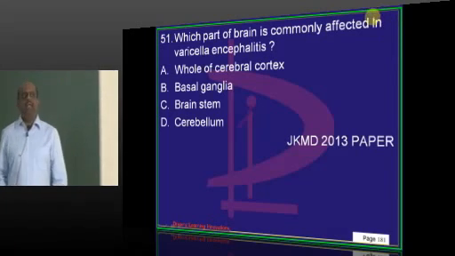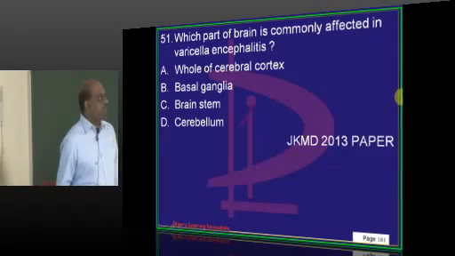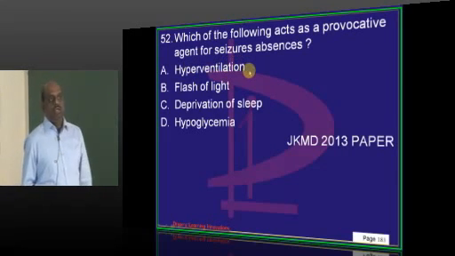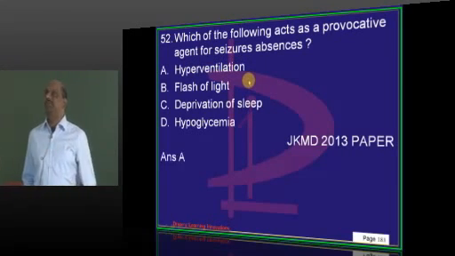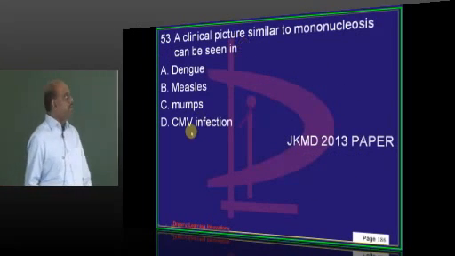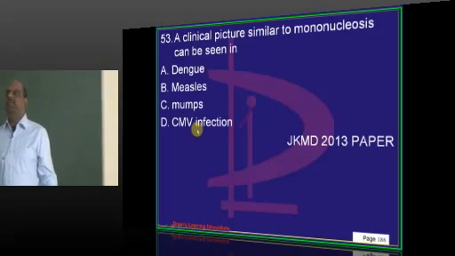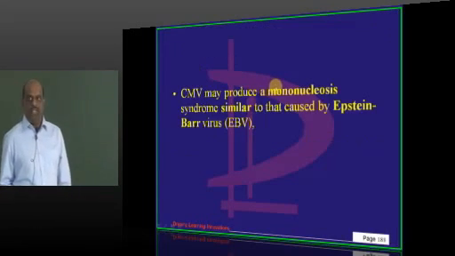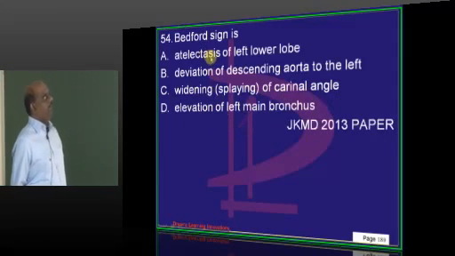In varicella encephalitis, it is the cerebellum which is most commonly involved. Hyperventilation precipitates absence seizures, which is one of the favorite questions of the examiner. CMV leads to an infectious mononucleosis-like picture, just like the Epstein-Barr virus.